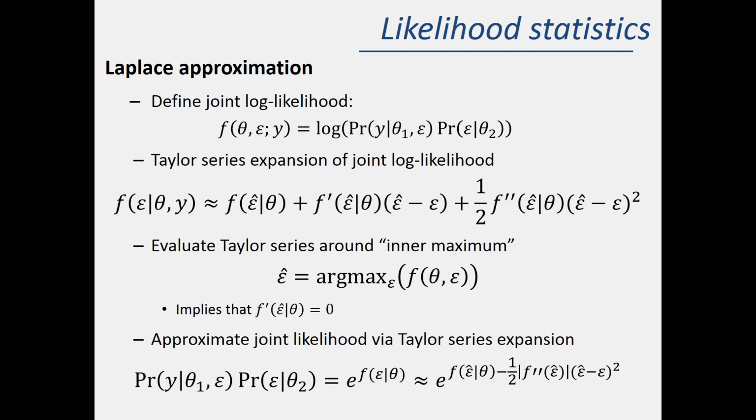the joint likelihood here can be approximated as e to the log joint likelihood. That's the definition of logs. And we can approximate that by plopping in this Laplace approximation here.